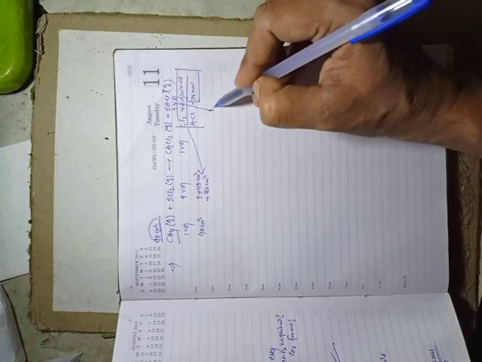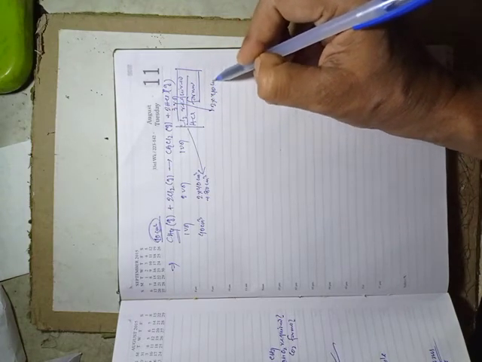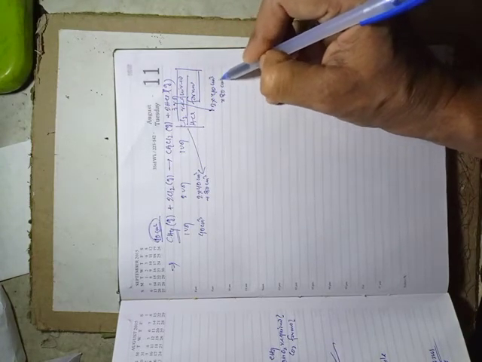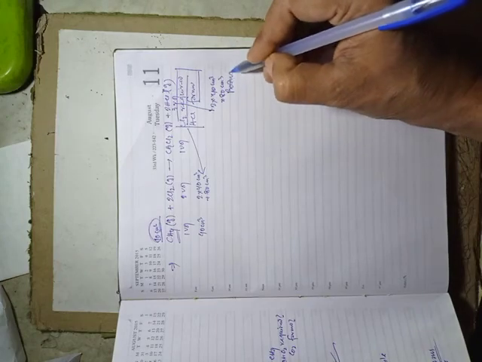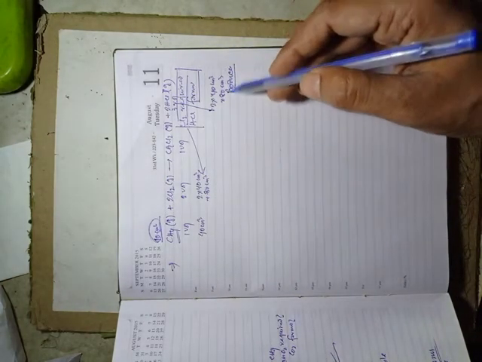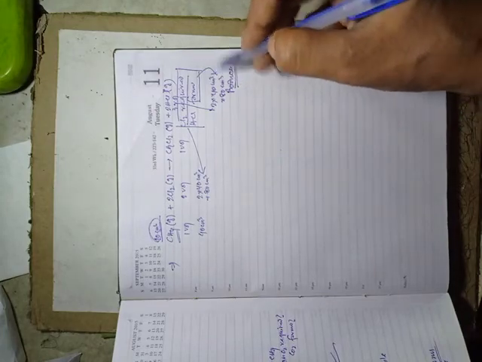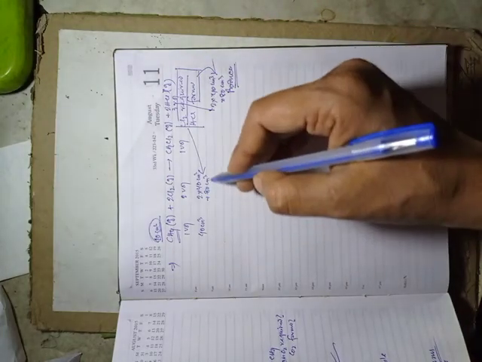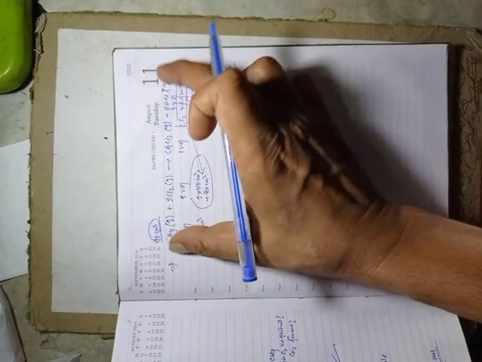It will produce 2 volumes, which means 2 into 40 centimeter cube, again 80 centimeter cube of HCl. So when methane reacts with chlorine, 80 centimeter cube of HCl will form and 80 centimeter cube of chlorine is required.